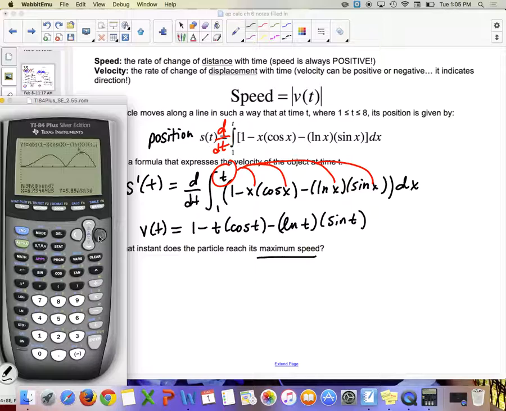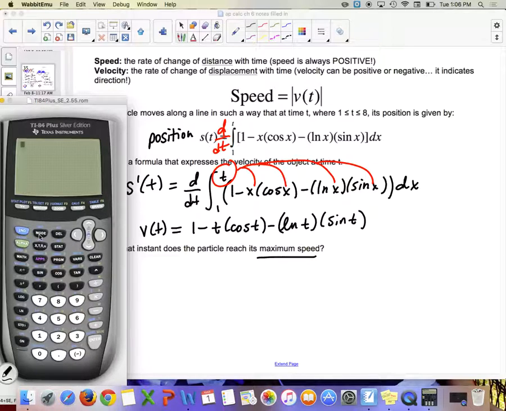If it's a calculator question, use your calculator, unless it's a really easy derivative to take and it takes no time. All right, so we get 6.700, and the y value is 5.896. When it says at what instant, that's the t value. That's your time. If I said what is its maximum speed, that would be the 5.896, okay?